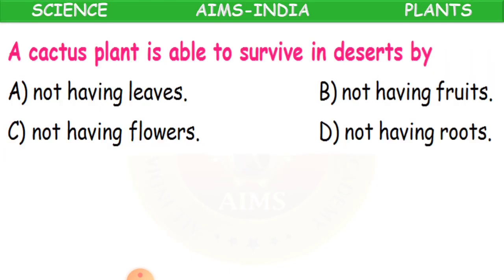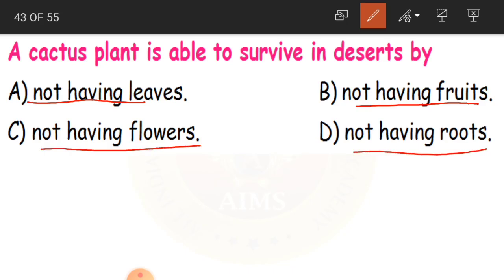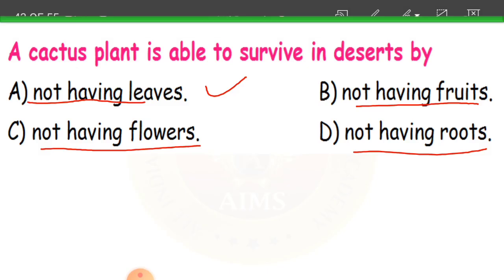Next question. A cactus plant is able to survive in deserts by not having leaves, not having fruits, not having flowers, or not having roots. Okay, children. So the option by which a cactus plant is able to survive in the desert is A option, that is not having leaves.